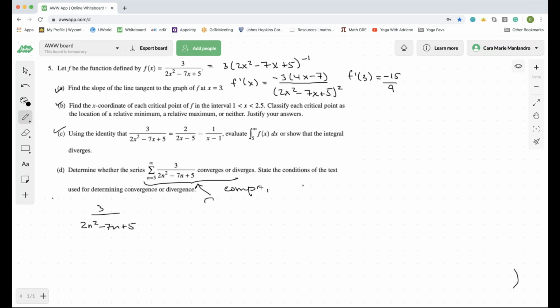So we can compare to 1 over n squared. So I know that this thing is greater than 0, and 1 over n squared is greater than 0 for n greater than 5. And then let's do the limit comparison test.